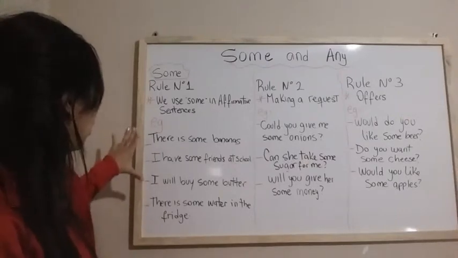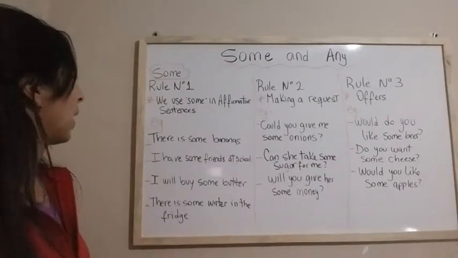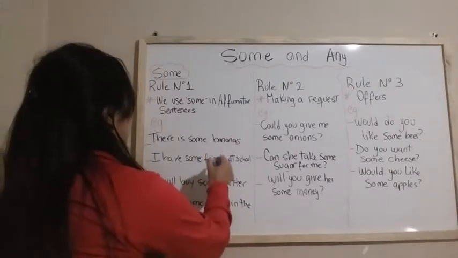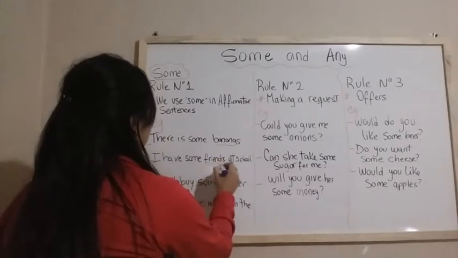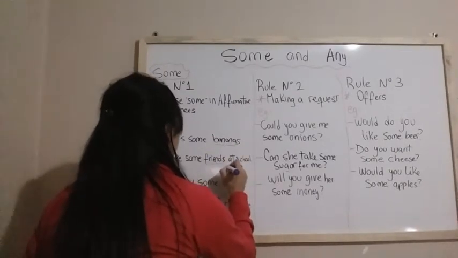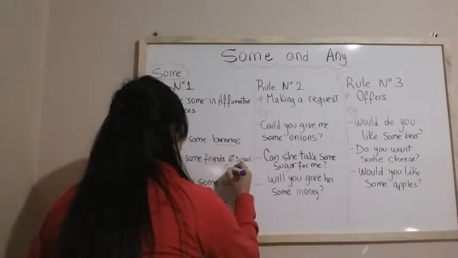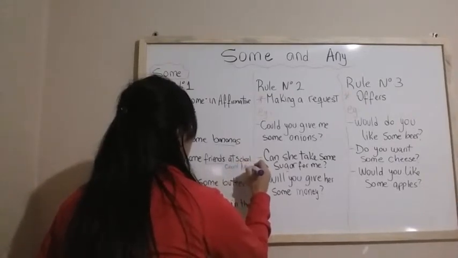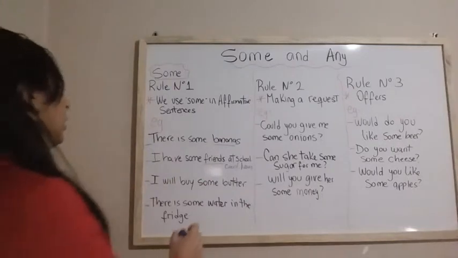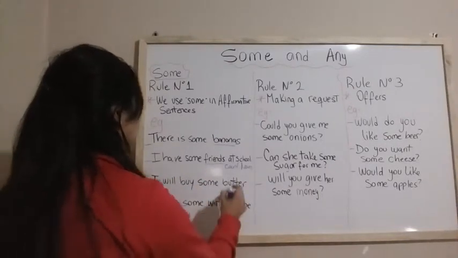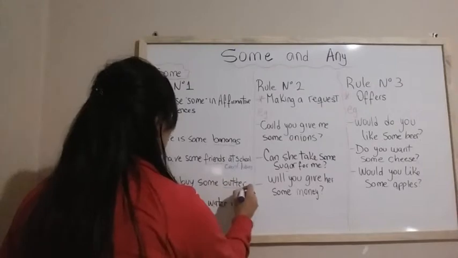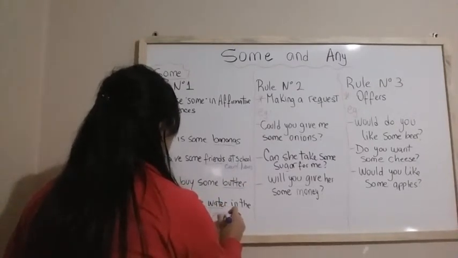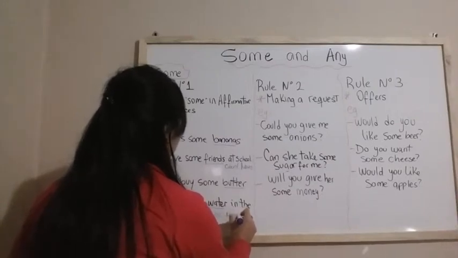In all sentences, we have countable and uncountable nouns, okay? In those first sentences, we have bananas and friends, and they are countable nouns. And in the following sentences we have butter and water, that are uncountable nouns.